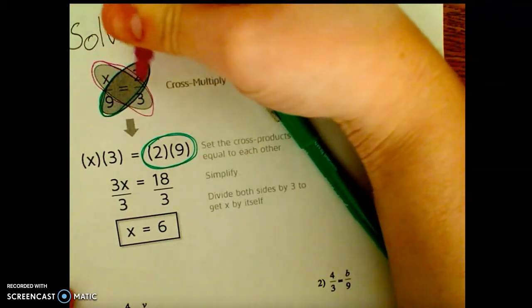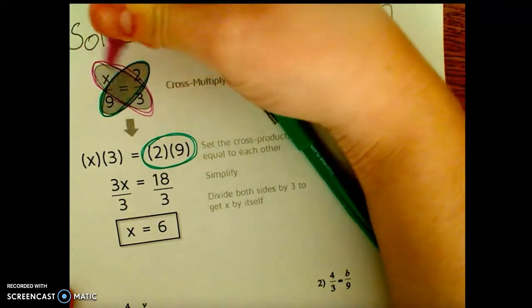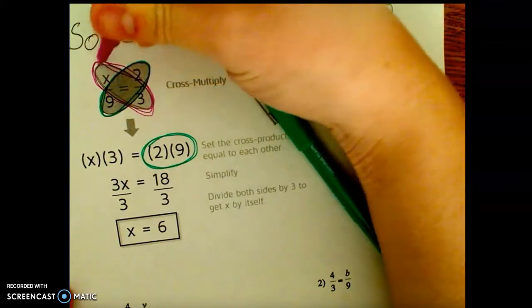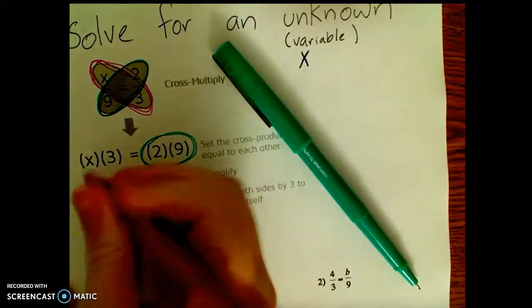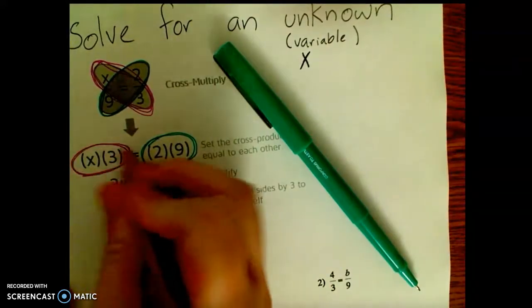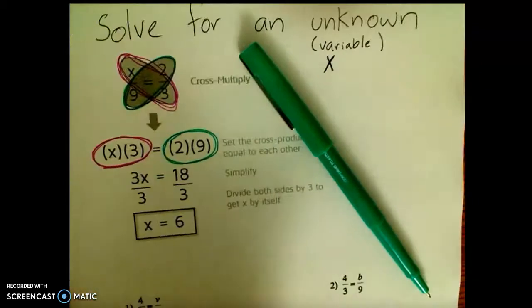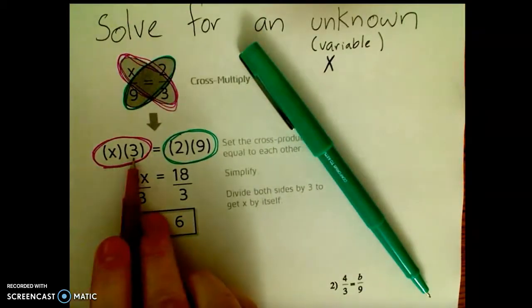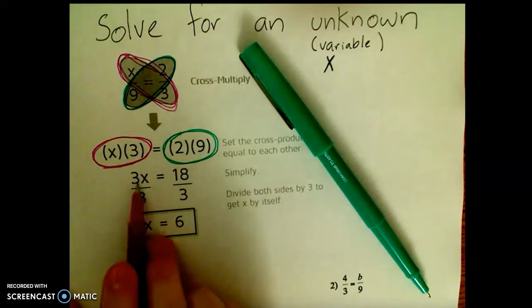And you're like, wait a minute, I don't know what x is. How can I multiply it by 3? Well, short story is you can't. But you can write it down. X times 3, we usually write it like this, with the 3x.